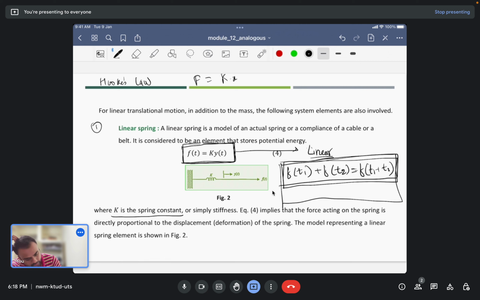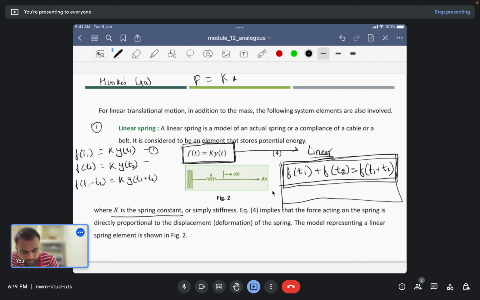So let us quickly check whether our function follows linearity or not. Using the function, f of t1 will be equal to k times y of t1, f of t2 will be equal to k times y of t2, and f of t1 plus t2 is equal to k times y of t1 plus t2.